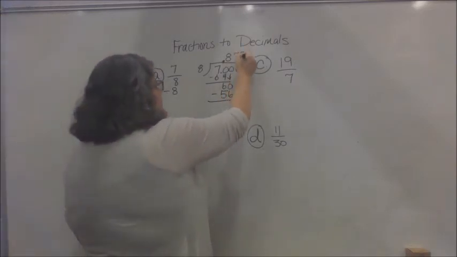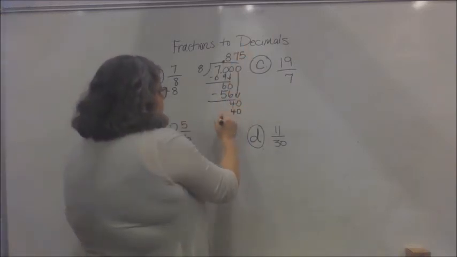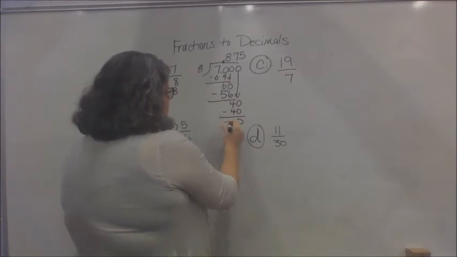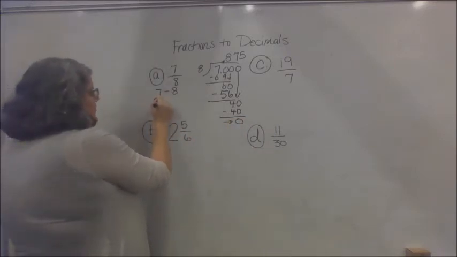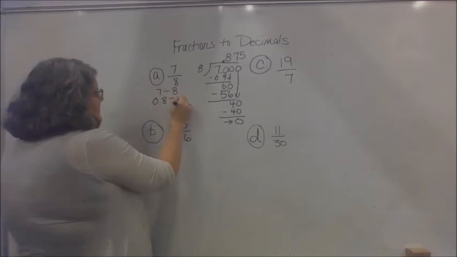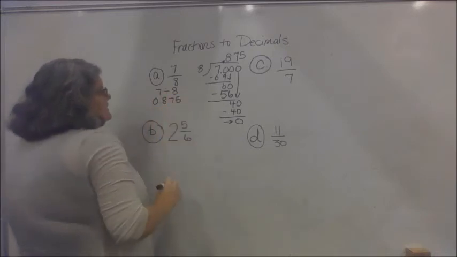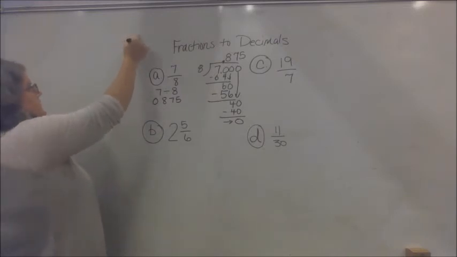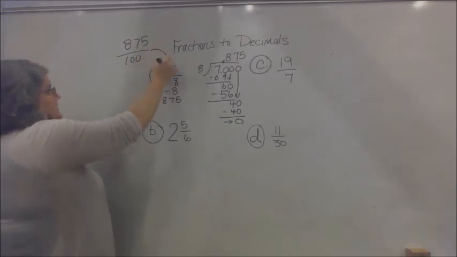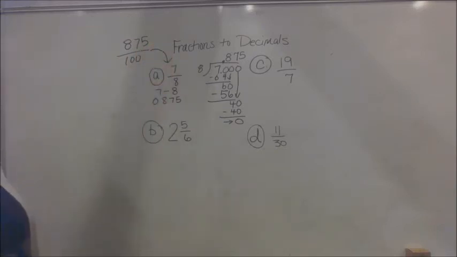We know that is 5 times, and that's 40. We get that remainder of 0, so we can say that 7/8 is the same as 875 thousandths. So again, if we started this whole process over again, we would write that as 875 over 1,000, and it would simplify to be 7/8.